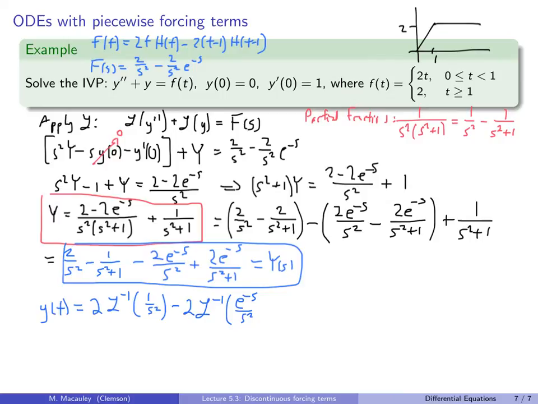And then we're going to have minus the inverse Laplace transform of 1 over s squared plus 1, plus 2 times the inverse Laplace transform of e to the minus s over s squared plus 1. So this is the solution to the initial value problem up here. We just have to compute each one of these Laplace transforms separately.